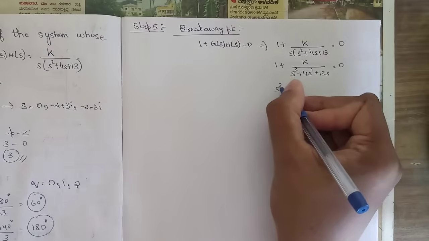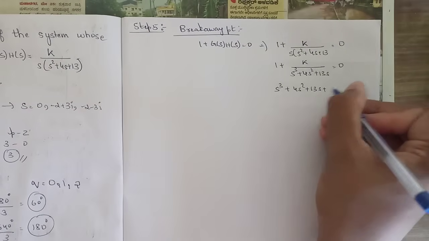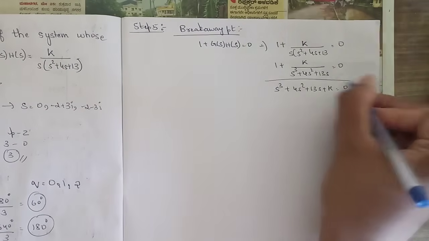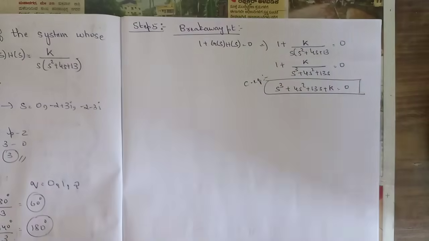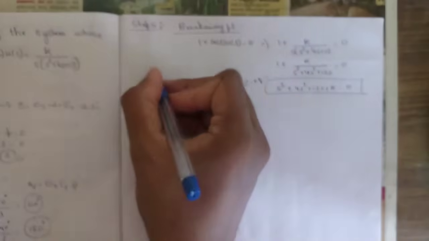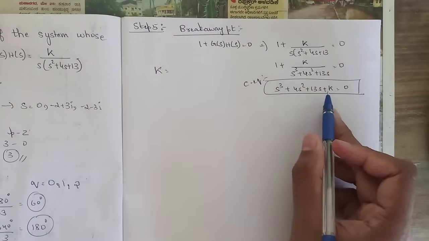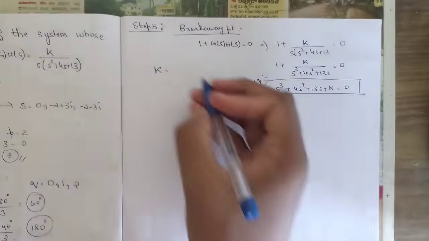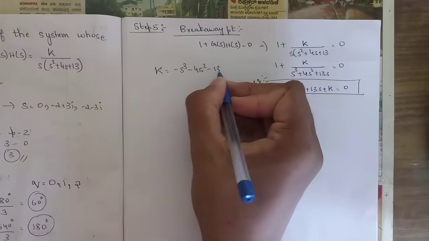So our equation is s cube plus 4s square plus 13s plus k equal to 0. So this is the characteristic equation obtained here, right? Now you need to compute the value of k separately. So k is equal to, if you bring k to one side, this whole term would be negative, that is minus s cube minus 4s square minus 13s.